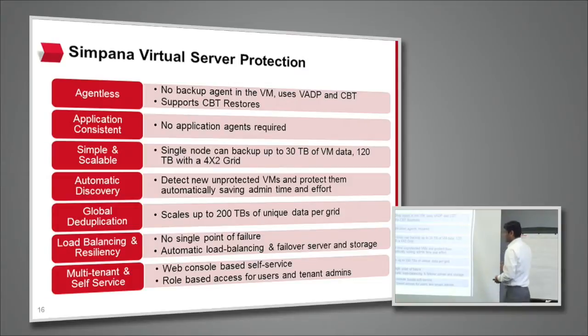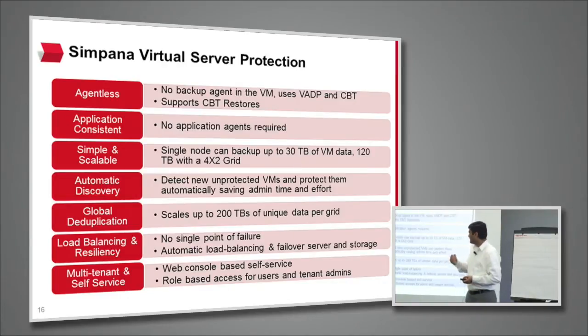to capture the consistent copies. It's extremely scalable, so you start off with a 20, 30, 50 VM environment on a single Windows box, but when you size our nodes properly based on the specs, you can drive around 30 terabytes of VM data using a single node.